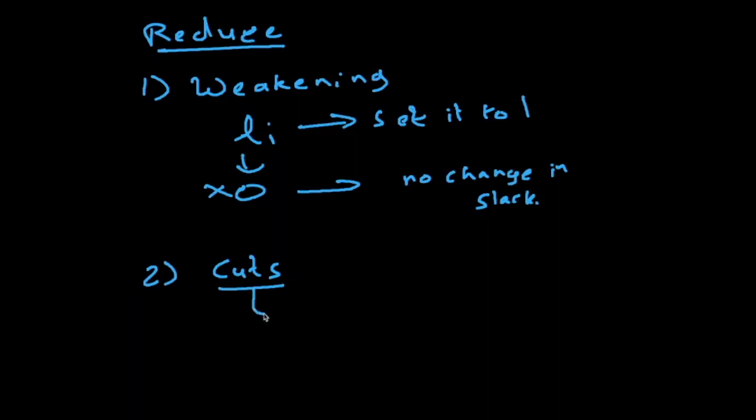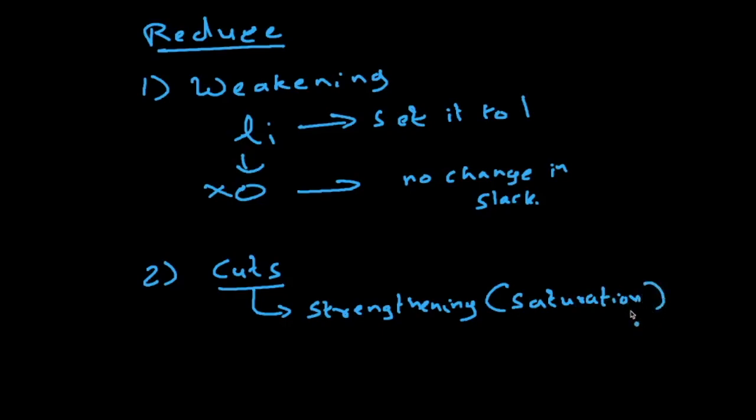There are 3 types of cuts discussed in this paper. The first is called strengthening, also called the saturation based cut. The second is CG cuts, Chvátal-Gomory cuts, and this is called division based cuts.